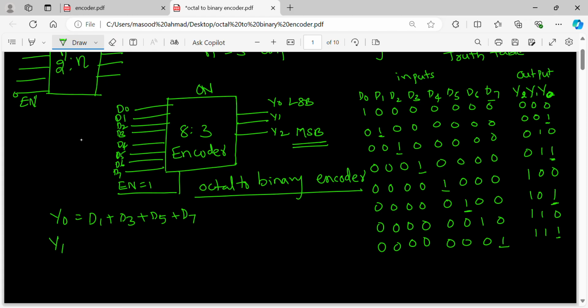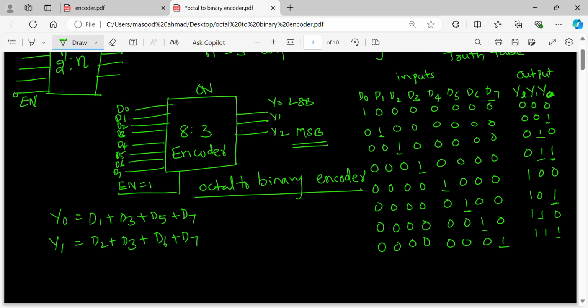Next is Y1. Y1 is 1 for D2, D3, D6 and D7. So Y1 is D2 plus D3 plus D6 plus D7.